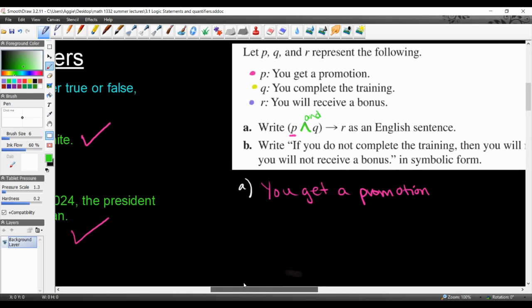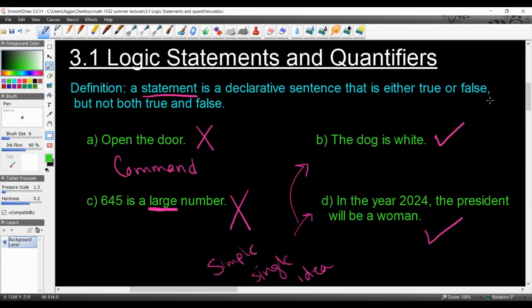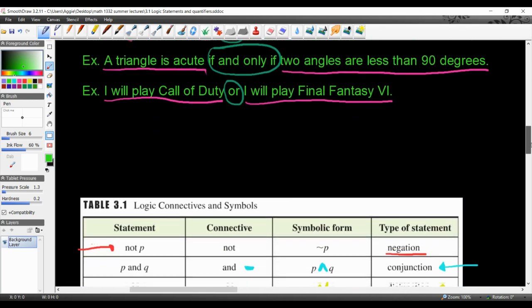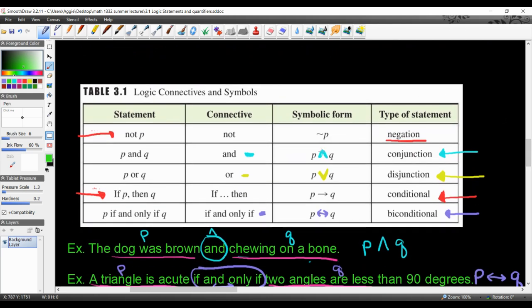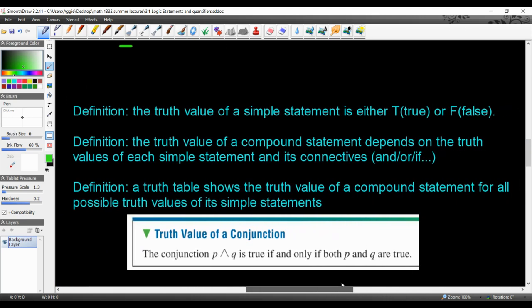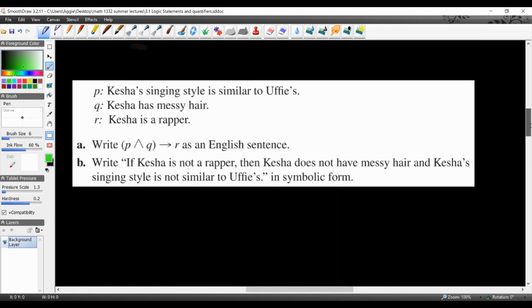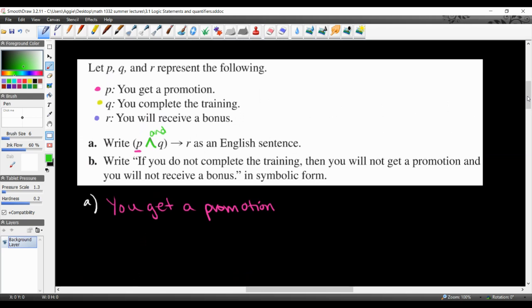If you don't remember, that's okay. You can take a look over here, or in your notes. There is our upside down V, which is and. So you get a promotion and, then we have Q. Q is you complete the training. So you get a promotion and you complete the training.